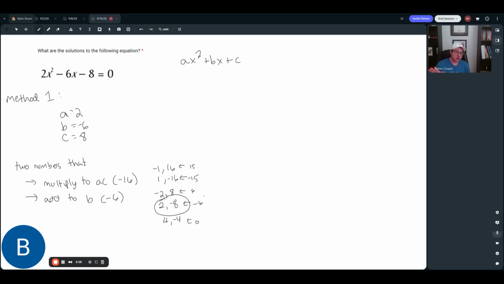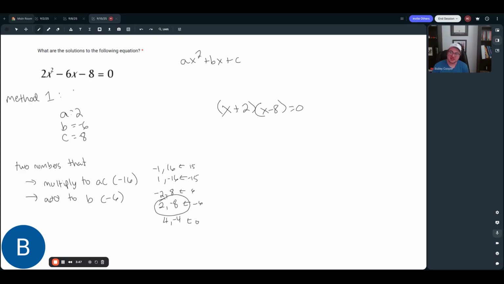So that's part one. And if our leading coefficient here was a 1, we could just go ahead and split our pairs up really easily. We could just say, oh, so this is x plus 2, x minus 8 equals 0.